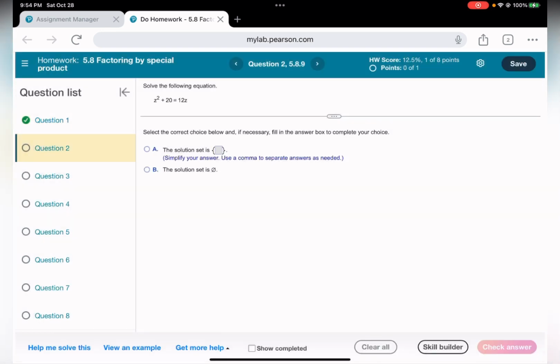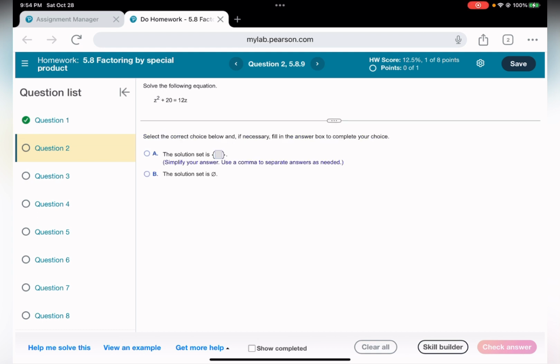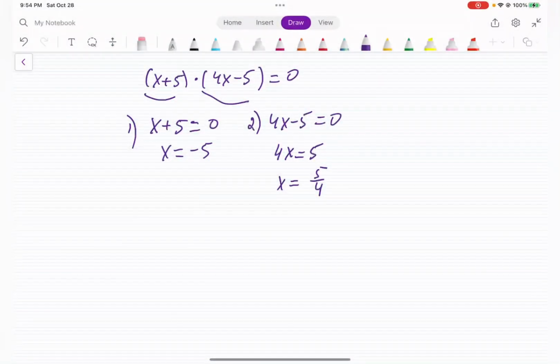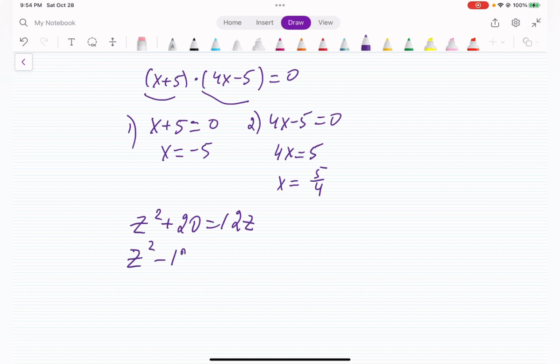Next, number 2, z squared plus 20 is 12z. Moving 12z on this side, equals 0.